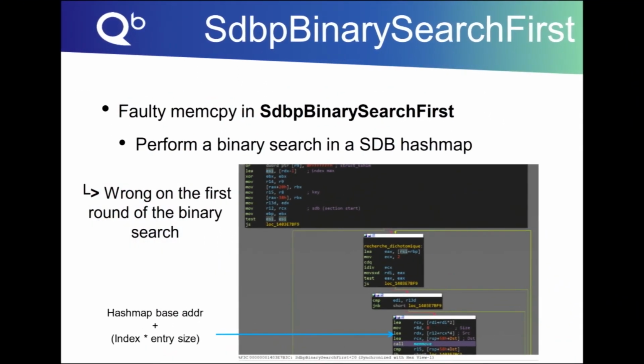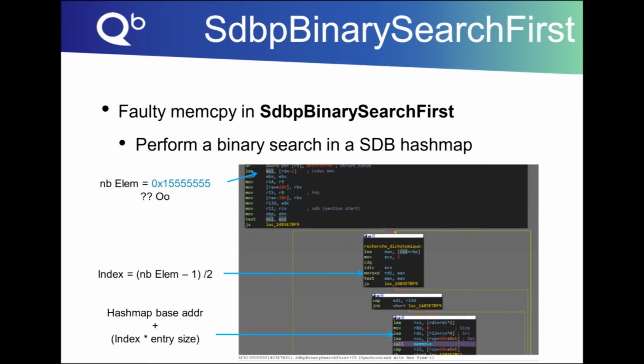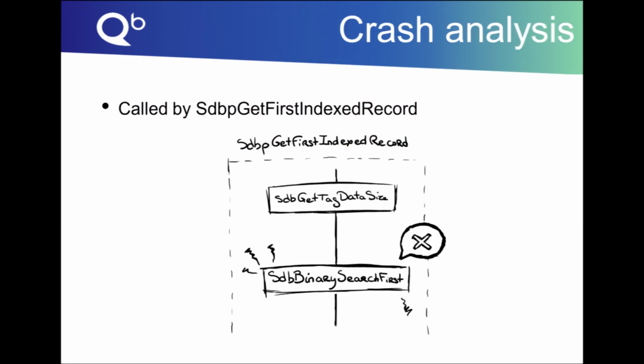In fact, a quick debugging shows that it was wrong in the first row of the binary search. And in fact, the issue is because the number of elements of the hash map given in parameters is totally wrong. The thing is, this number is retrieved by another function above, which is SDB get tag data size.